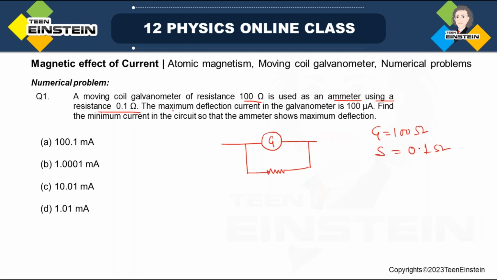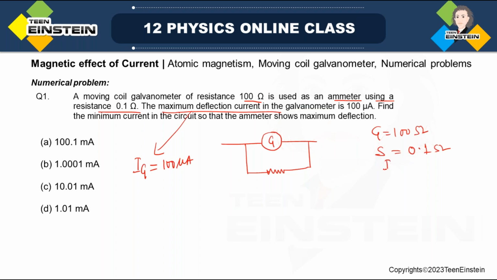The maximum deflection current, or full scale deflection current, means the minimum current which is required for maximum deflection, that is actually Ig. Galvanometer current is given as 100 microampere.